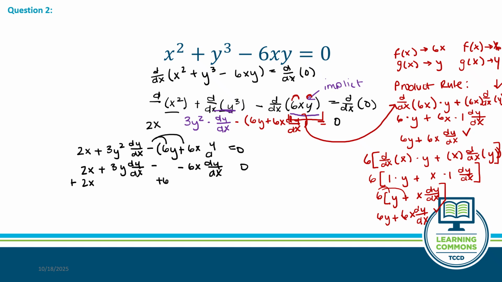Okay. Again, just like last time, you're going to divide on both sides by this expression, 3y minus 6x. And so your answer is going to be dy/dx equals (2x plus 6y) over (3y minus 6x). And that's it. And there we go.